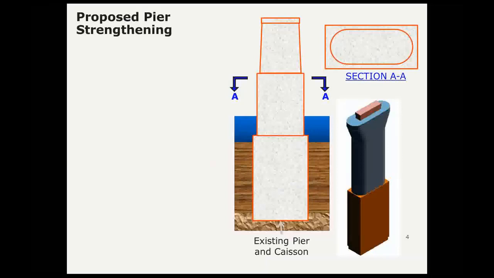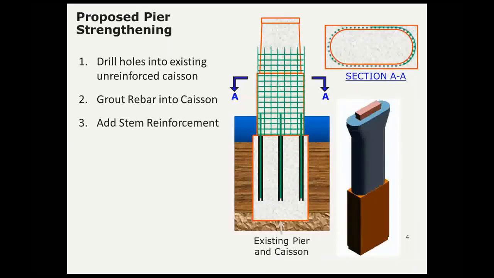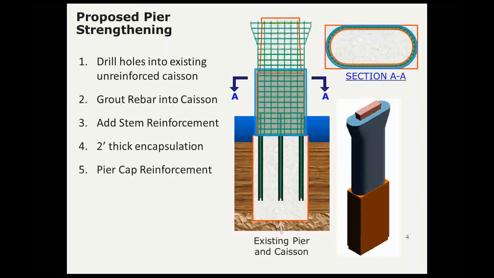This slide is the strengthening as conceived by Michael Baker pre-bid. So that was to drill holes into the caisson, install rebar into the caisson down to the level where we needed to resist tensile forces in the caisson, grout those bars into place, and then add reinforcement up at the stem level, encase that existing stem in concrete, and build a reinforced pier cap to accept the wider superstructure at the top.